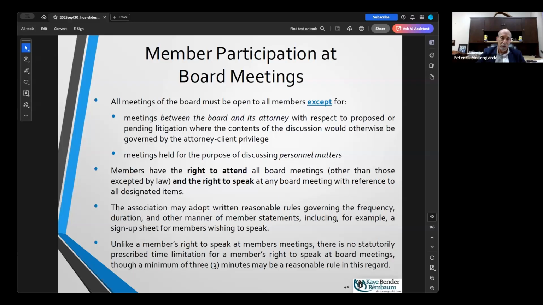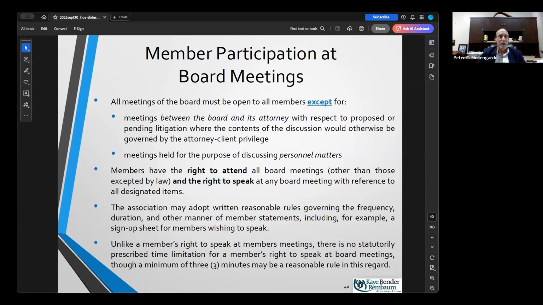That's number one. Number two is meetings held for the purpose of discussing personnel matters, and that can be hiring, firing, discipline, suspension, things like that. So personnel matters, as well as attorney-client litigation matters.